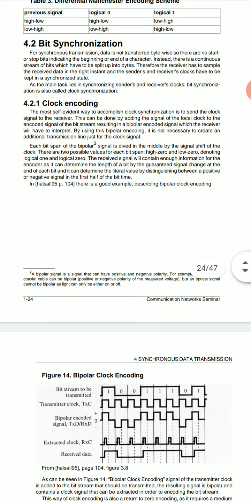So we can see here the most self-evident way to accomplish clock synchronization is to send the clock signal to the receiver, and this can be done by adding the signal of the local clock to the encoded signal. When we are talking about bipolar encoding, which the receiver has to interpret, it is not necessary to create an additional transmission.